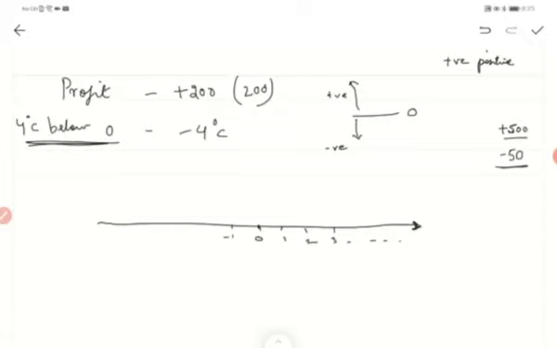And on the left hand side we'll have minus 1, minus 2, minus 3, minus 4 and so on. Here also the numbers go on till infinity. So 0 is in the middle of your number line.